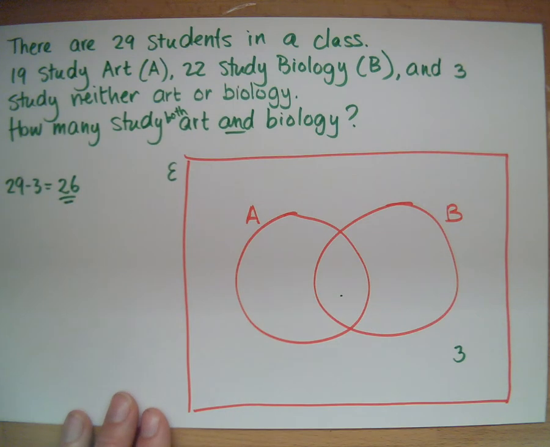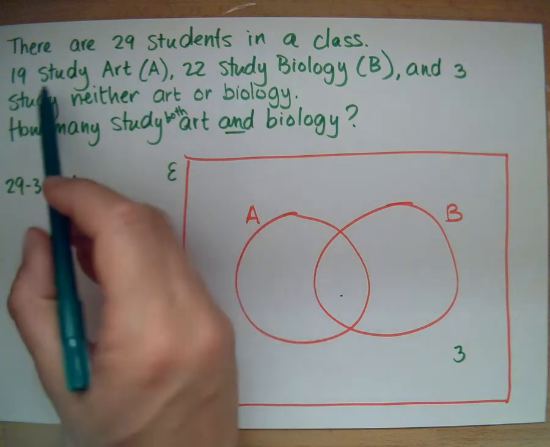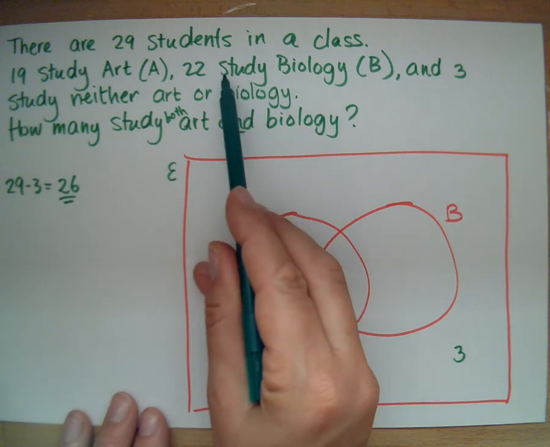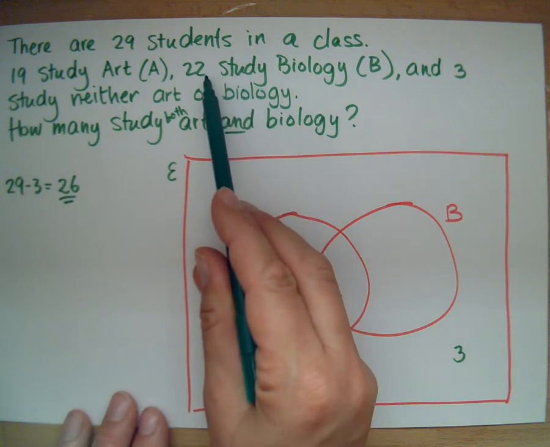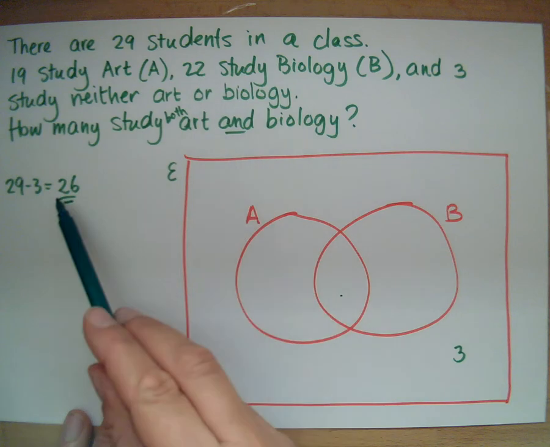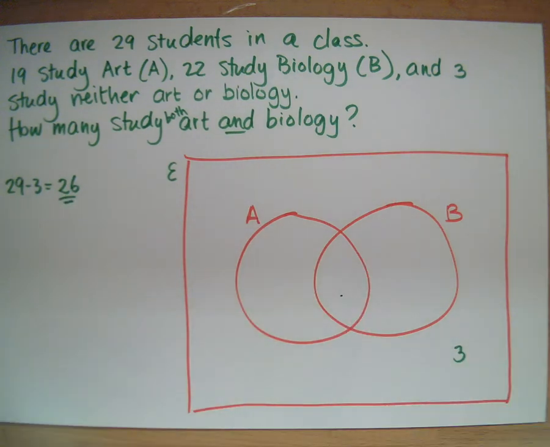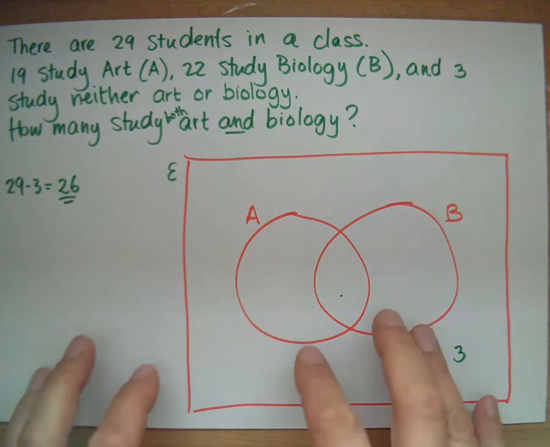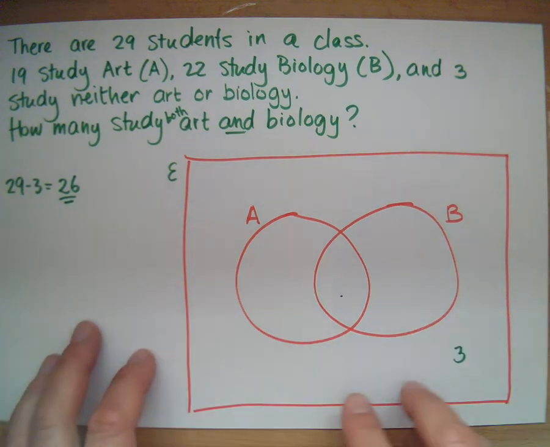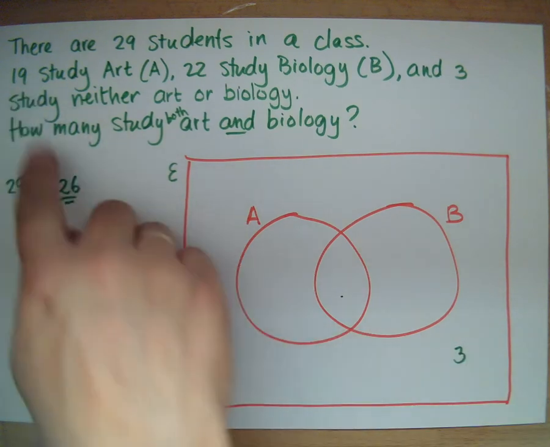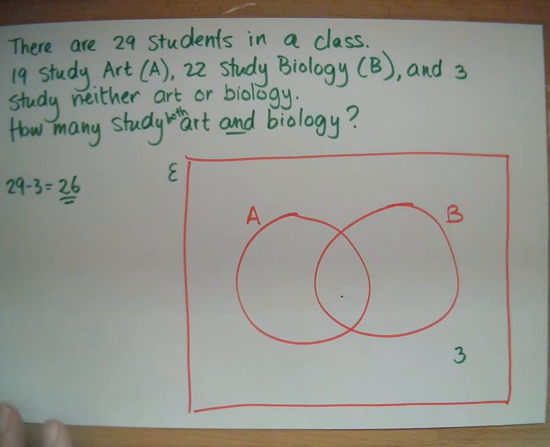The people that study art plus the people that study biology, if that added up to 26, we would know that there's no overlap, right? If the art students and the biology students together were 26, that means there's nobody that studies both. But that's not the case, right?